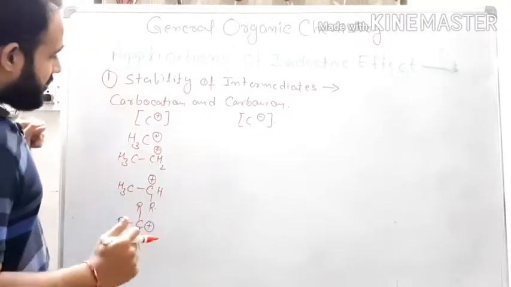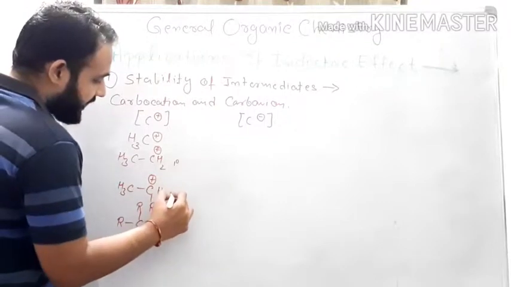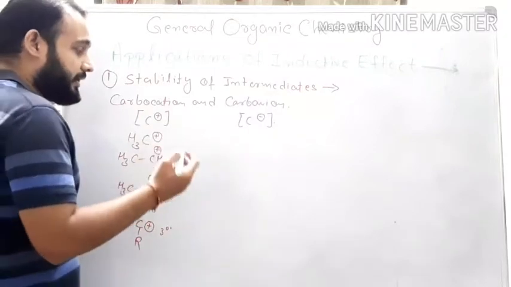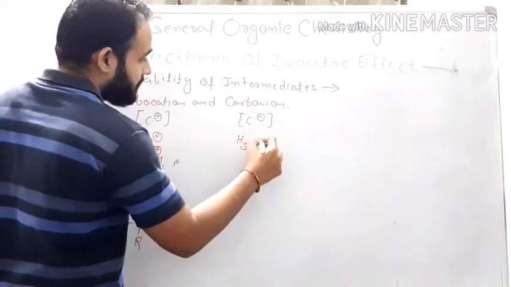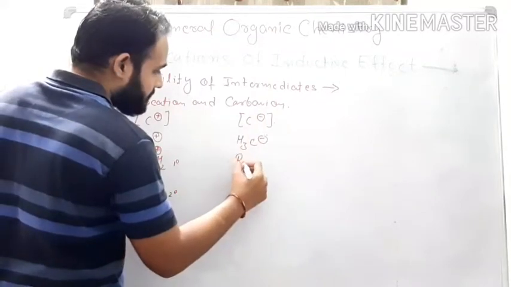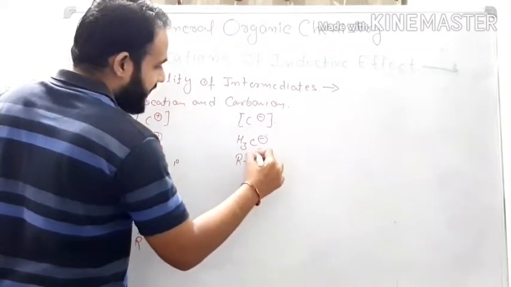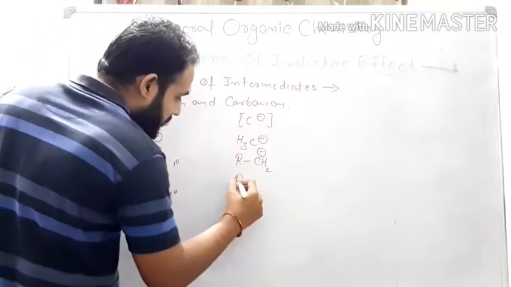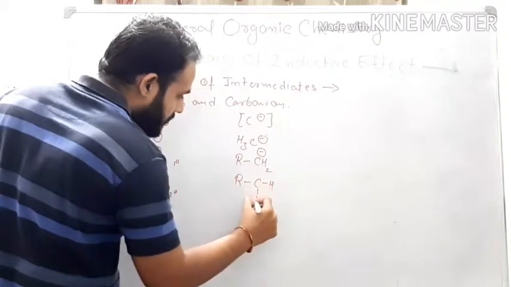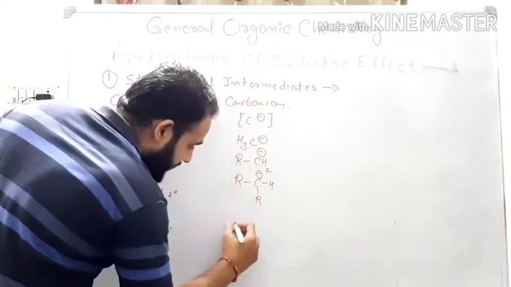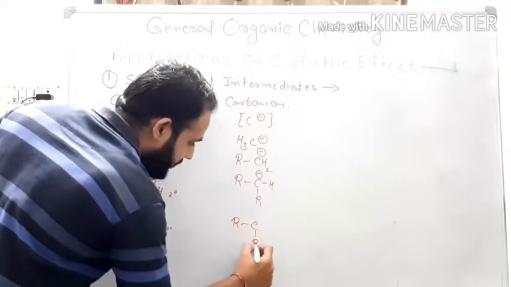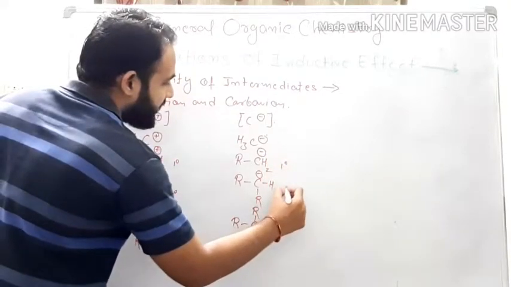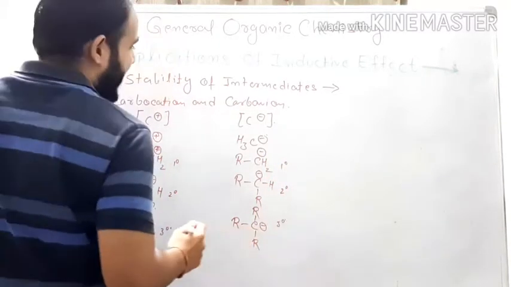Okay, so we have primary, secondary and tertiary carbocation, and similarly we have the simple carbanion. We have a primary carbanion in which the negatively charged carbon is bound to one alkyl group. We have a secondary carbanion and also a tertiary carbanion. This is your primary, this is your secondary, and this is your tertiary carbanion.